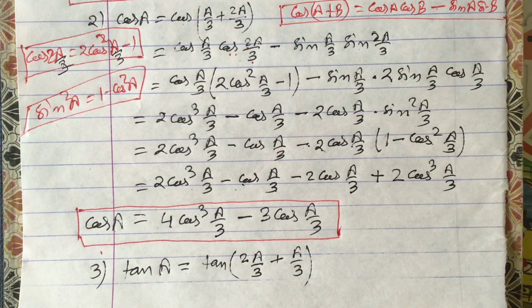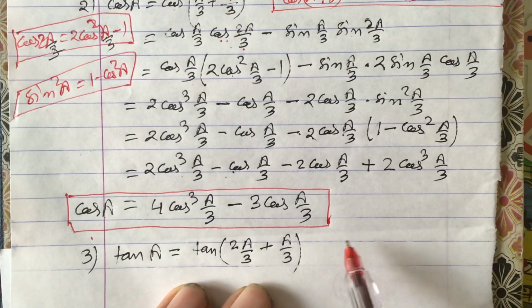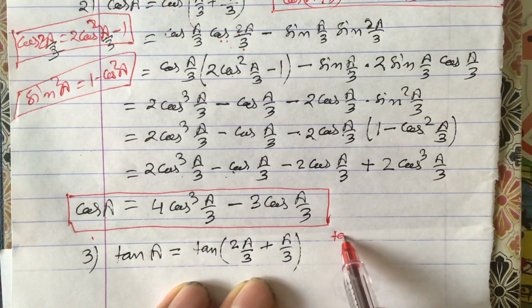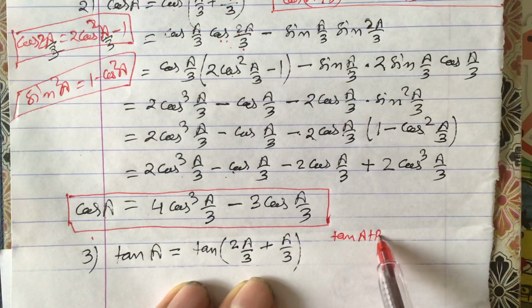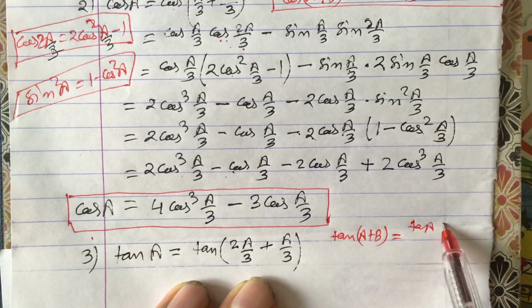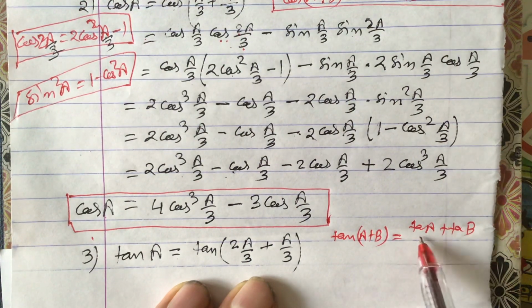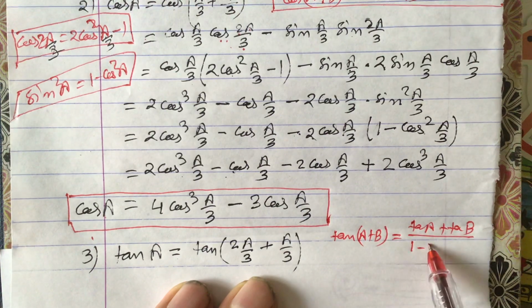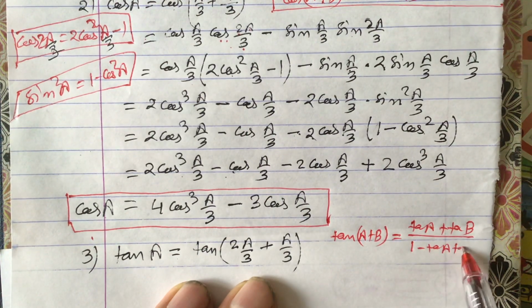Okay. Now after this, we have to apply the formula of tan a plus b, which you have already learned in the compound angle chapter. I'm going to write it here and you can use this one: tan a plus b equals tan a plus tan b divided by 1 minus tan a tan b.